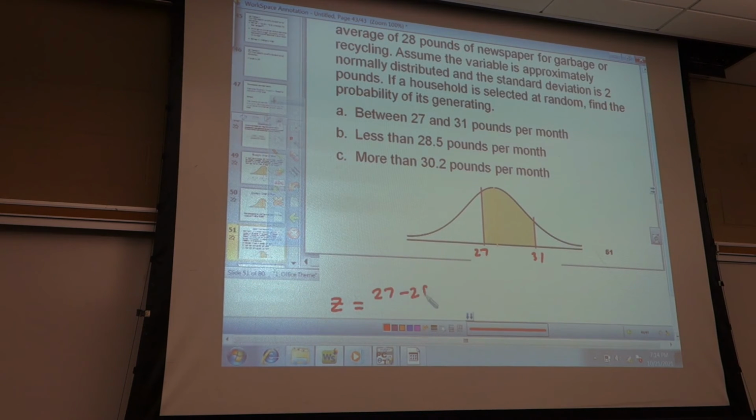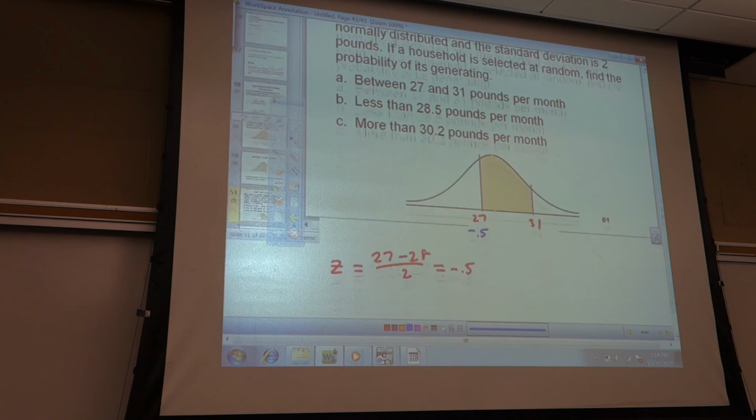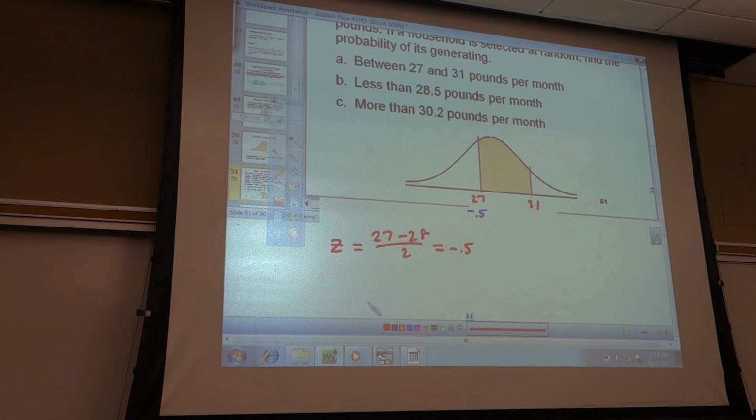What's my standard deviation? 2. I get negative 1 over 2, so negative 0.5. So this is really negative 0.5. Find your other z-score. The other z-score is what? 31 minus 28 divided by 2, 1.5.